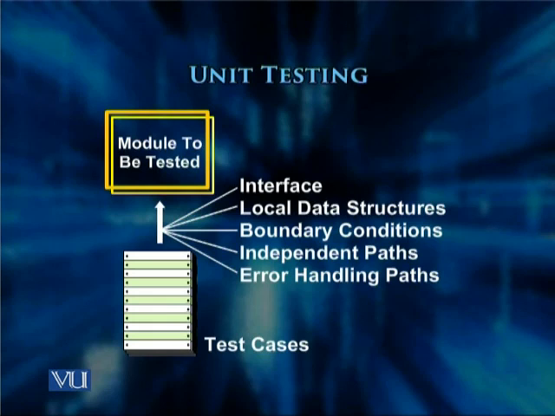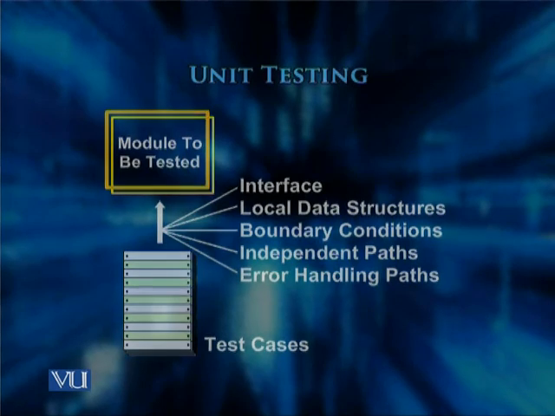So we need to develop test cases for all units that are going through unit testing with respect to these 5 areas of concern, or 5 areas that fall under unit testing. And the picture that you are seeing on the screen is just conveying that concept.